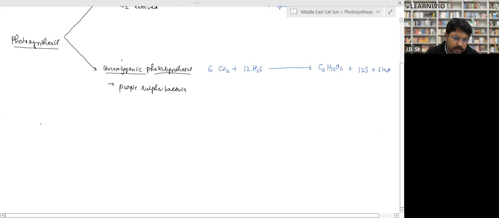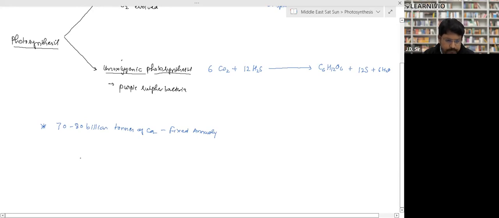About 70 to 80 billion tons of carbon dioxide is fixed annually by terrestrial and aquatic photoautotroph.